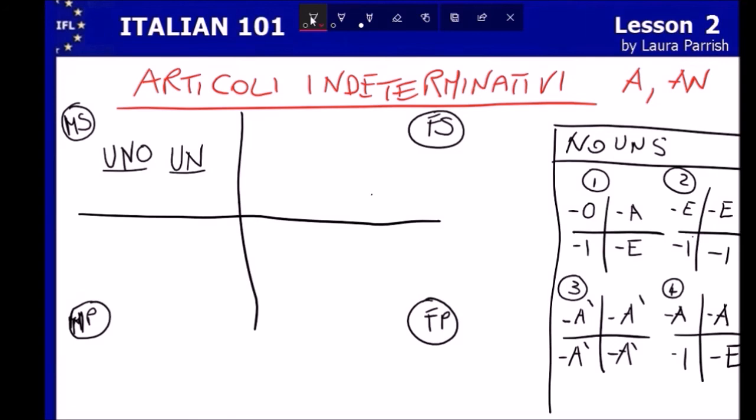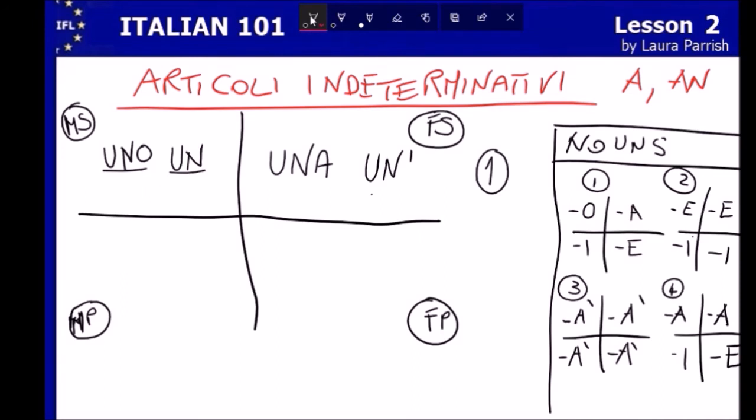Then for feminine singular, we have una and un apostrophe. Masculine plural and feminine plural: the plural doesn't exist. Why? Because by definition, this article represents the number one, so there is no plural.